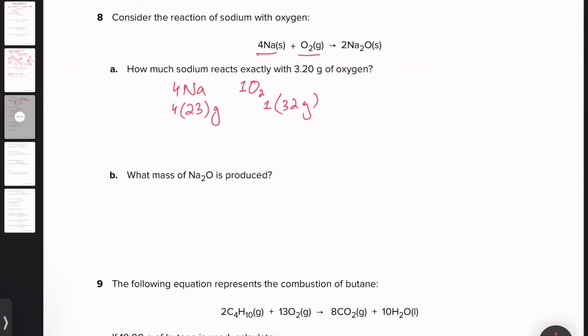So 4 times 23 grams needs 1 times 32 grams. Both masses are there. So 3.2 gram oxygen will need X. Cross multiply, you will simply get your answer. 4 times 23 times 3.2 is equal to 32X. So bring this 32 here and you will get your answer. I think 9.2 comes.